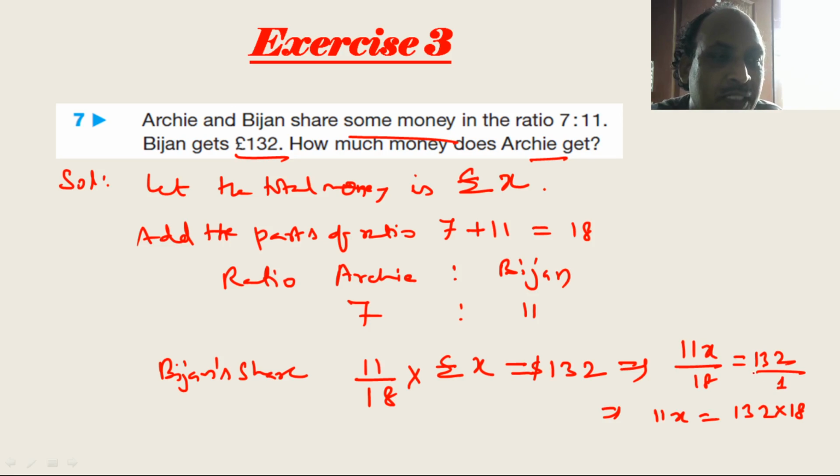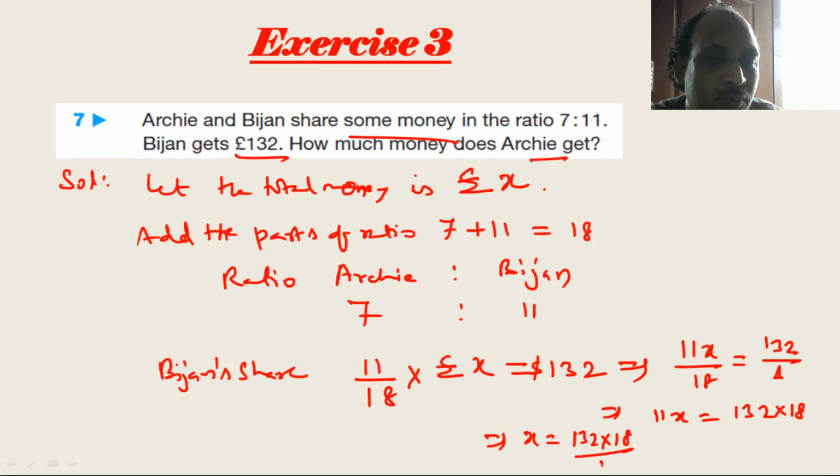We can go for cross multiplication now. 11x will be multiplied with 1, 18 will be multiplied with 132, and further we get x is equal to 132 into 18 by 11. If we cancel, we get 12, and 18 into 12 is 180 plus 36, which is 216. So the total money is actually 216 pounds.